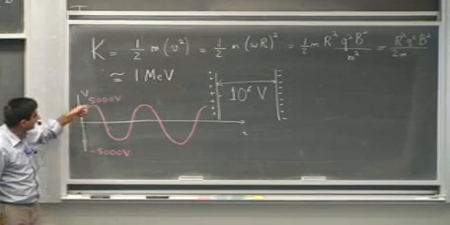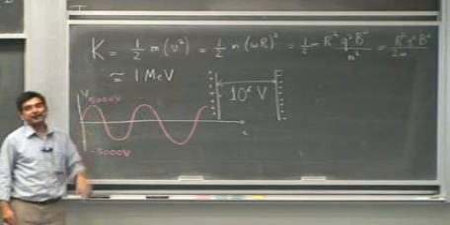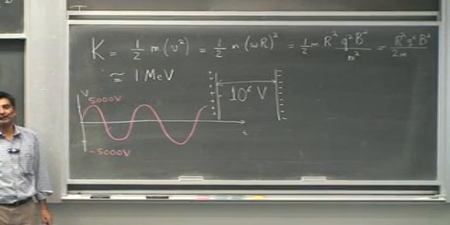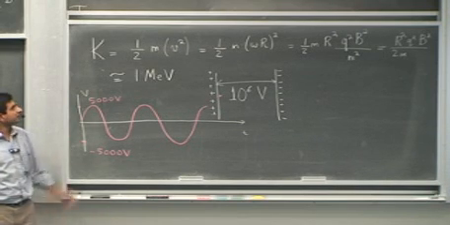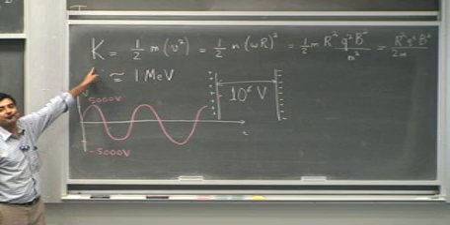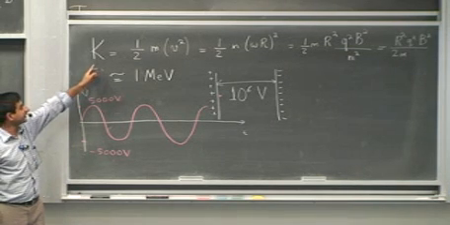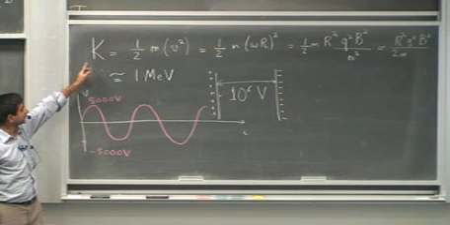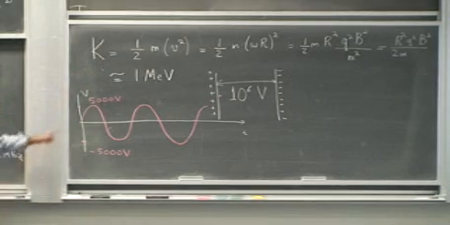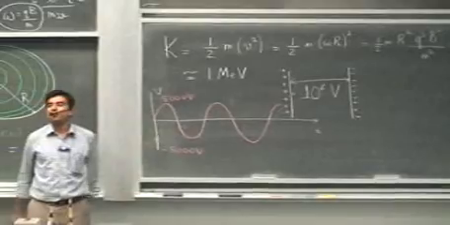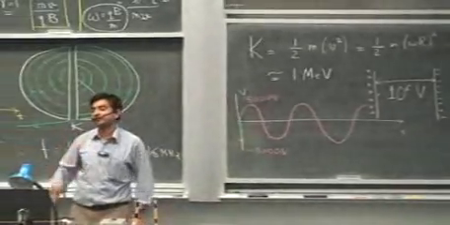Now if this is the voltage that is applied, one can find out what time it would take for the particle to reach this kinetic energy. In each cycle with this voltage applied, what is the increase in the energy of the particle?